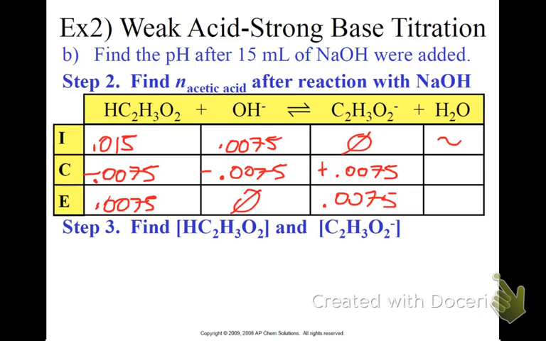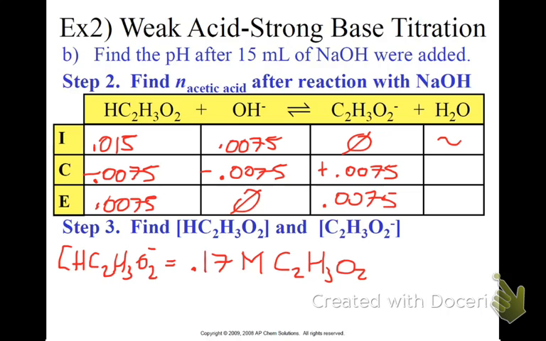Okay, so that's how many moles we have, but moles don't really help us much for further calculations. We need to get that into molarity. So our new volume is going to be the 15 milliliters that we just added, plus the 30 milliliters we started with. So that's 45 milliliters total, which is 0.045 liters. And so the concentration of HC2H3O2 would be the 0.0075 divided by the 0.045, and that means we have 0.17 molar.